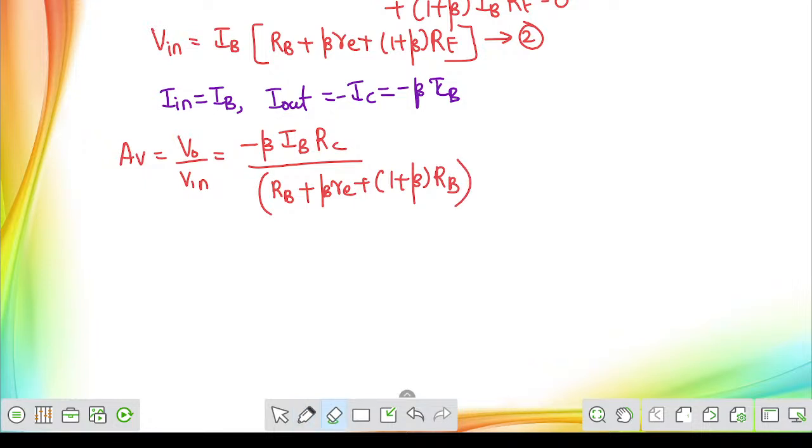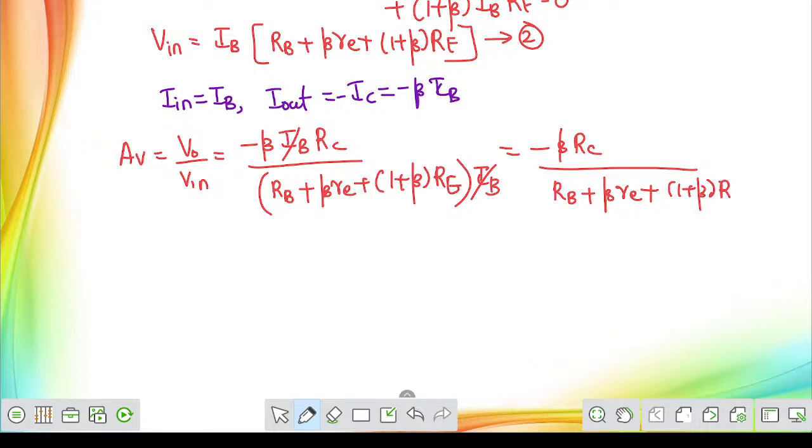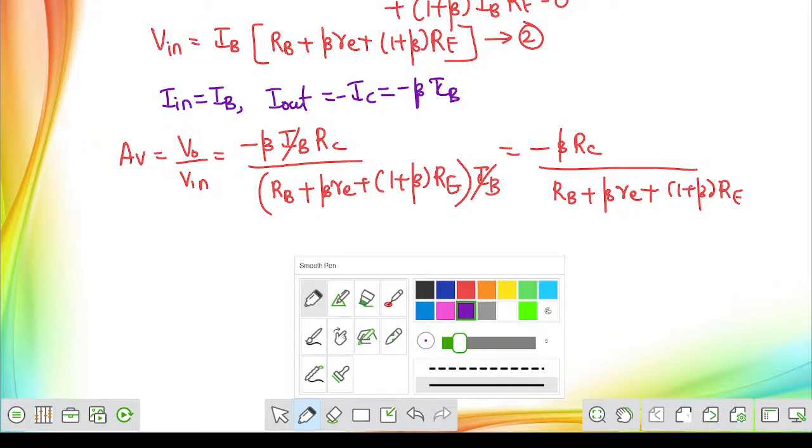I made one mistake here, this is RE, not RB. With this, we will have our base current. Of course, these two will get cancelled, and this will become minus beta times of RC upon the overall value, which is going to be base resistance plus beta times of RE plus 1 plus beta times of emitter resistance RE. Perfect, sir. So in the examination, observe the options.